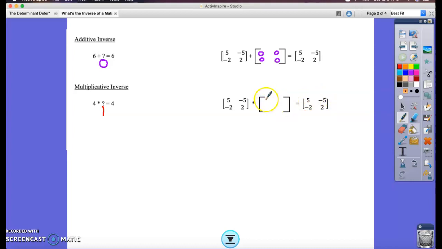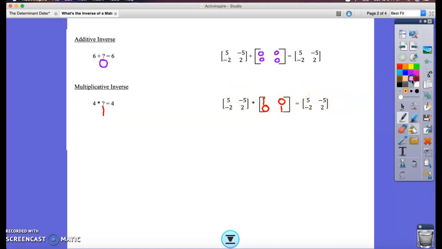So what I'm going to do is remember, it's rows here, columns here. So I want 5 to partner up with 1, and I want -5 to go away. And now, to get this guy, I want the 5 to go away and the -5 to stay. This is the matrix that if I multiply this times this, I would end up with that.